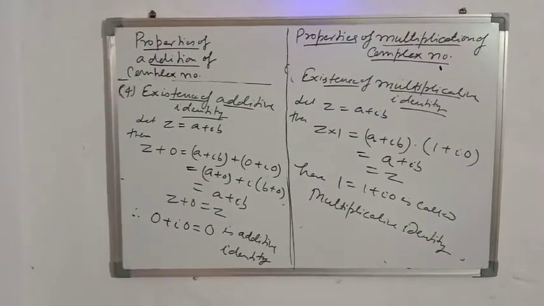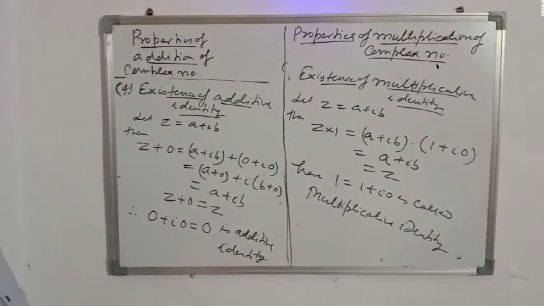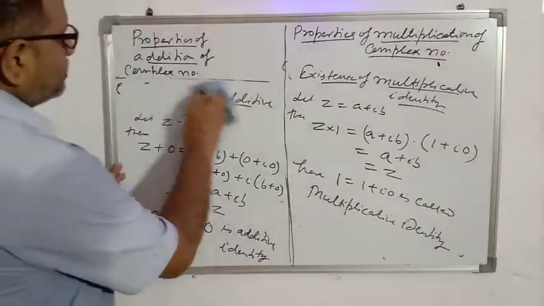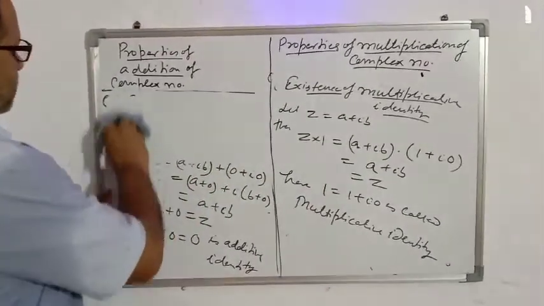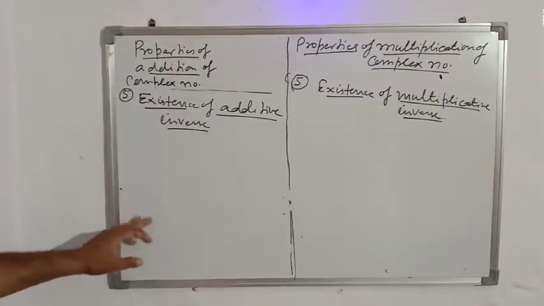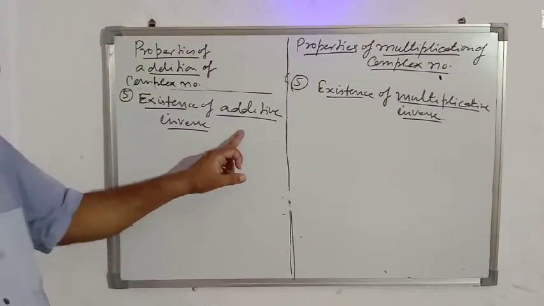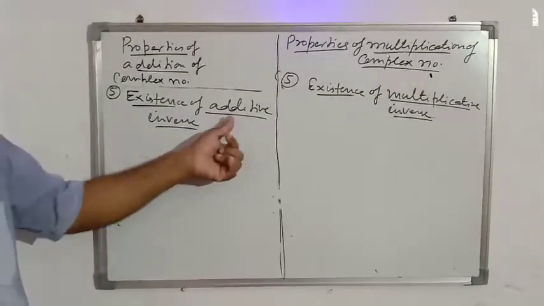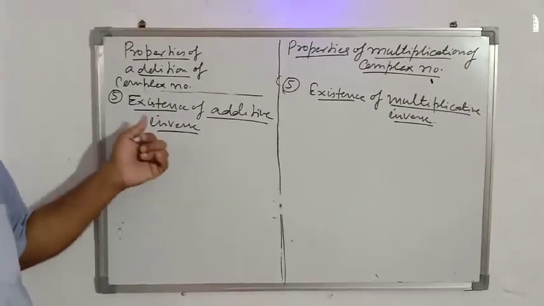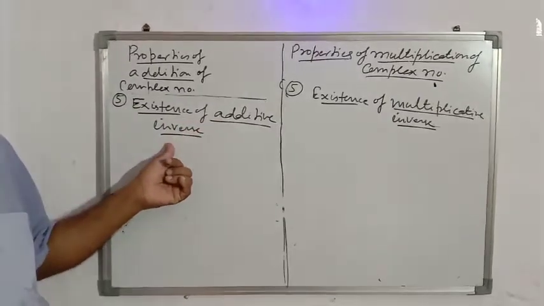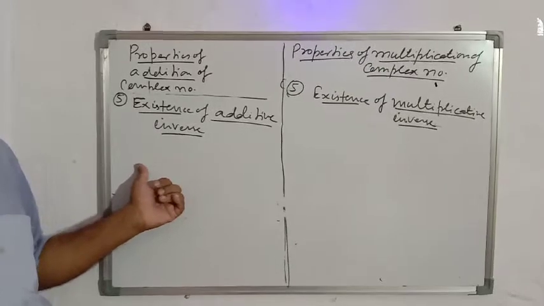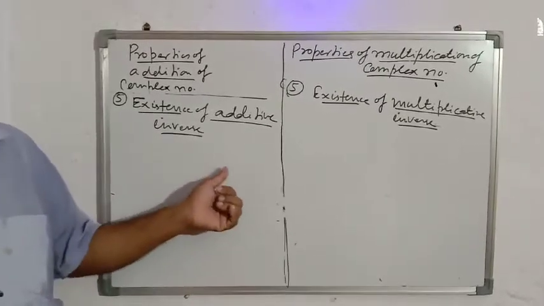Next property, additive inverse and multiplicative inverse. Look at existence of additive inverse, existence of multiplicative inverse. What is the meaning of additive inverse? Additive inverse of any complex number is that complex number which when added to the given complex number gives the additive identity.